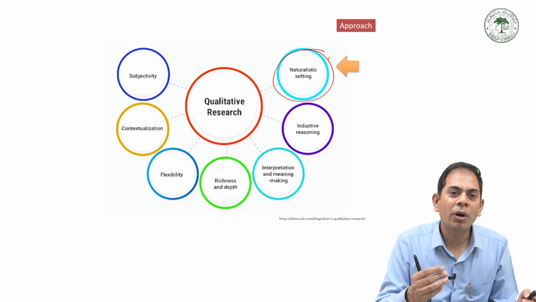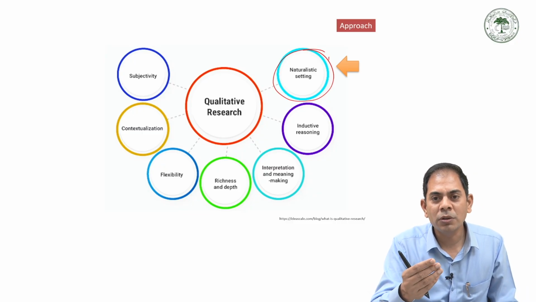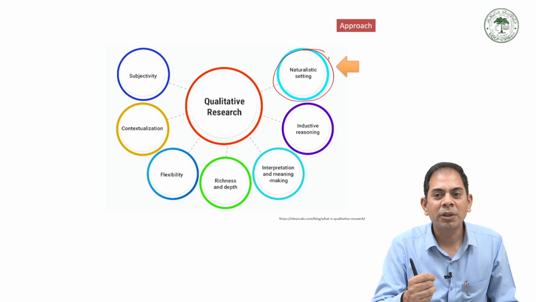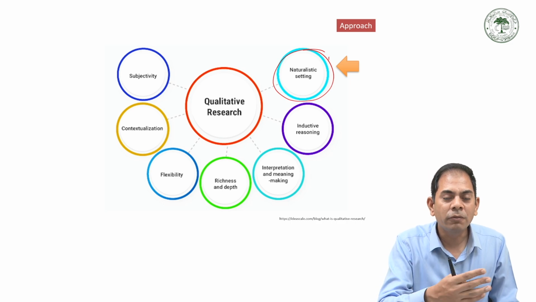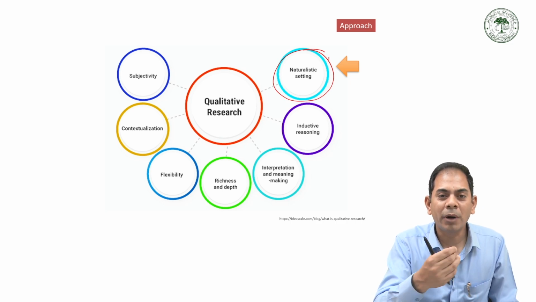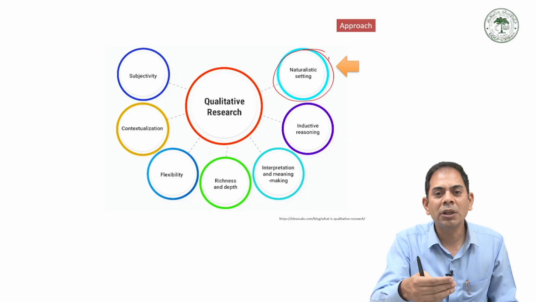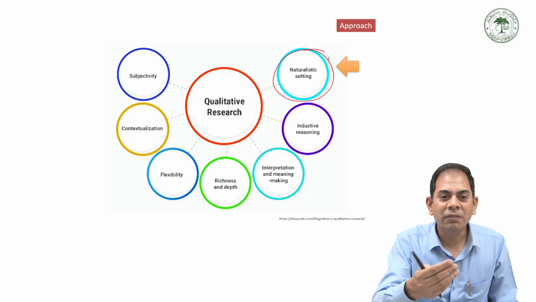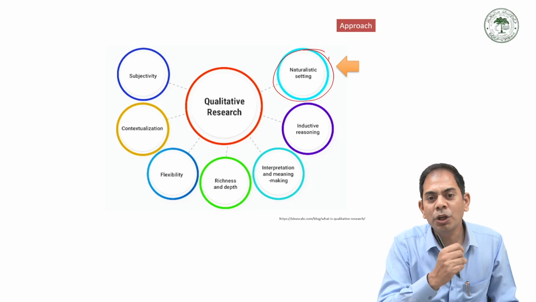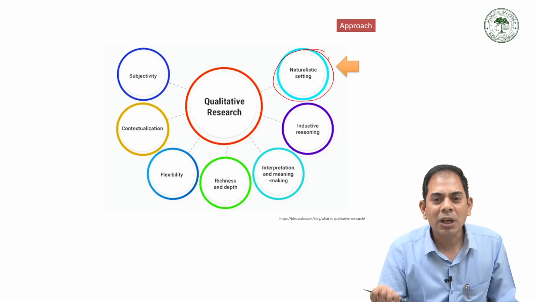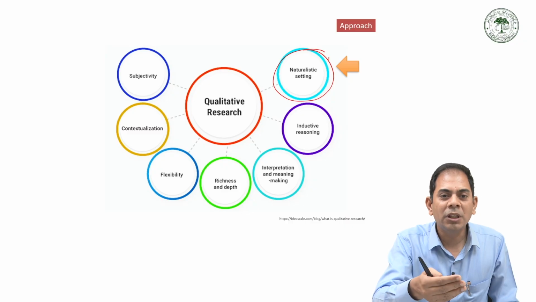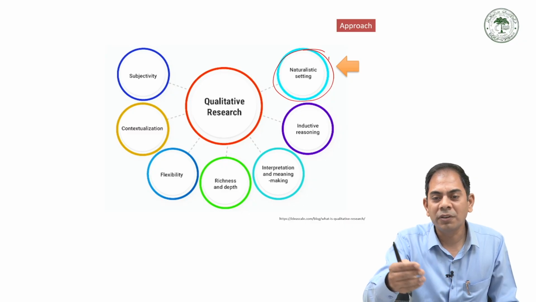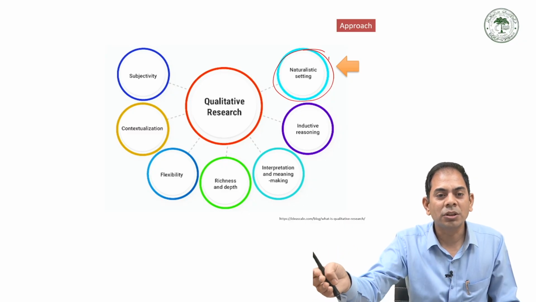Especially in qualitative research, the researcher observes or interacts with the participants where they normally live, work, and participate. So this helps to understand real behavior and real experiences. For example, observing students during actual physical education classes, or observing athlete performance in different conditions.